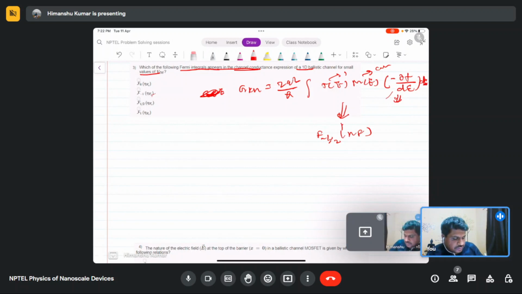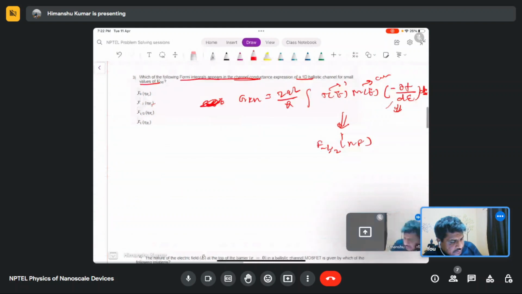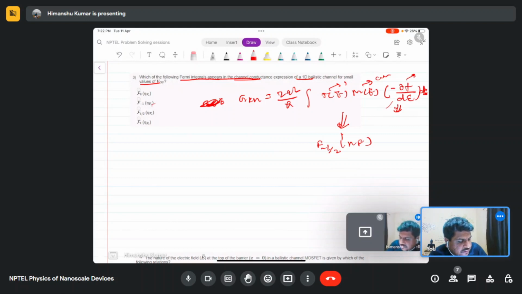So the mode is the zeroth order Fermi integral, and taking the derivative reduces the Fermi-Dirac integral order by 1. So the correct answer will be F of minus 1.